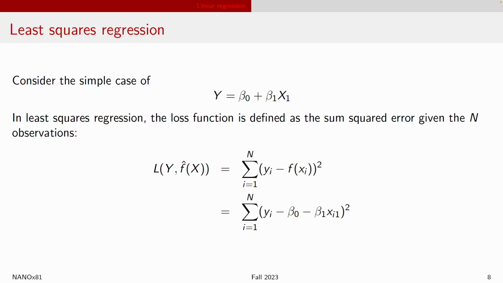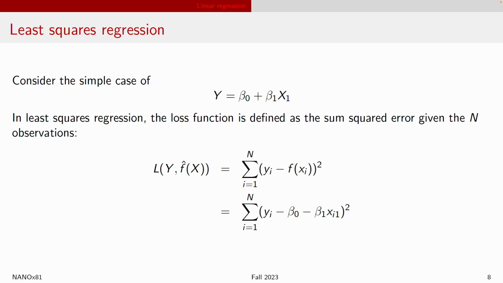Now, whenever we talk about linear regression, one of the most common ways to figure out what your betas are is using what is called least squares regression. Least squares regression just means that I'm going to define my loss function as the sum of squared errors given all the observations in my training data.